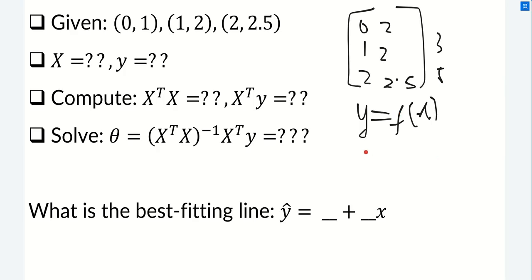Which we saw can also be written as Ax equal to b. And we saw that our A is this, and our b is this, and our x is equal to our theta, right? So this is what you guys are going to do.